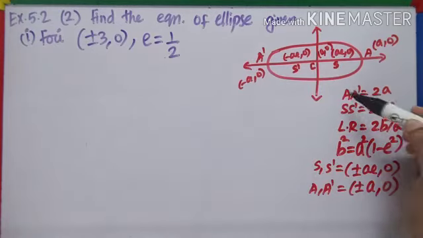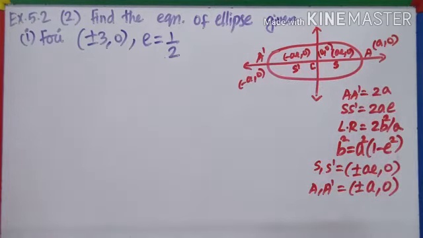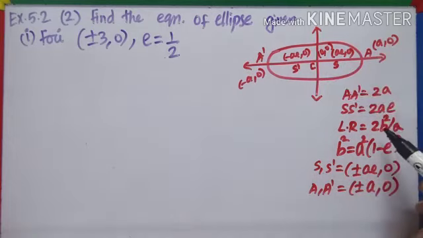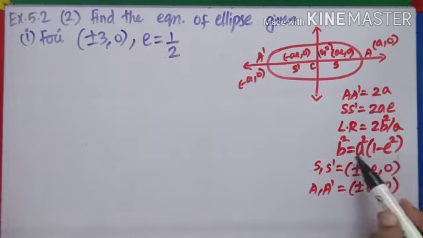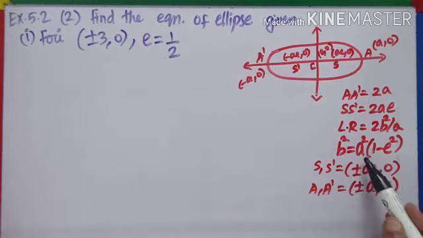So distance between the vertices is 2A, distance between the foci is 2AE. And latus rectum, the length we derived earlier, is 2B square by A. And A, B, E are connected with this formula: B square is equal to A square into 1 minus E square.